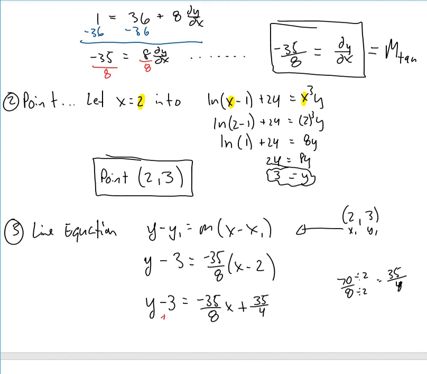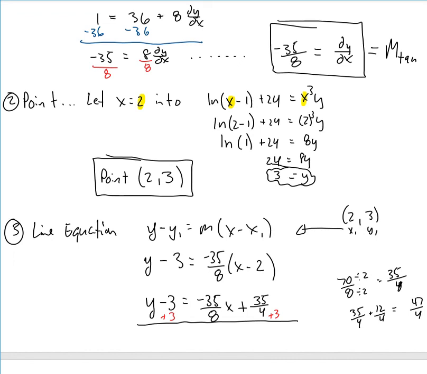I'm going to add the 3 to both sides, and when we add 3, we'll have just enough. 35/4 plus 3. Well, the 3, I would need to get a common denominator. It would be 12/4. That's the same as 3. And then that way I can add them together. 35 plus 12 is 47.